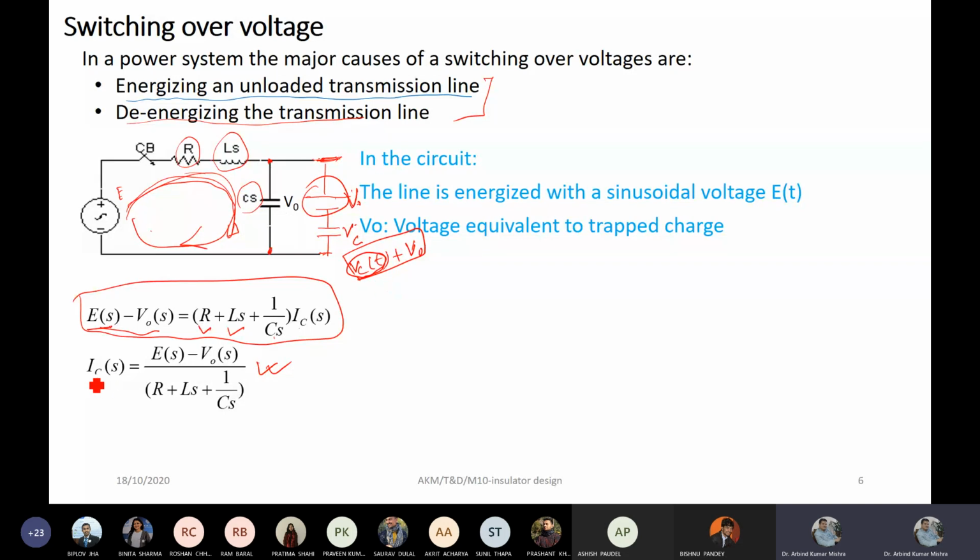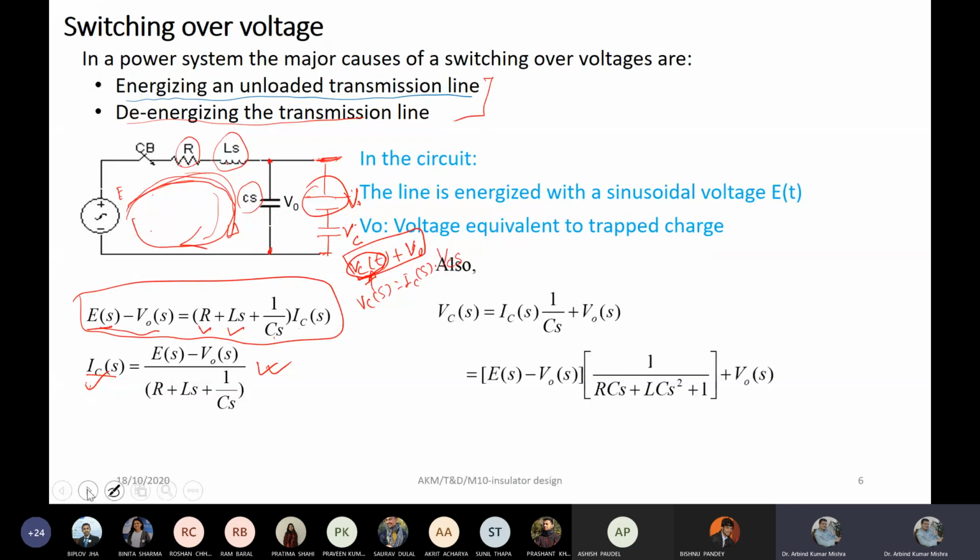How? Because we have the current. Whatever current flows here is not only the current flowing through the capacitor; the same current is flowing through the inductor as well as the resistor. But why do we call it Ic(s)? Because ultimately we have to find Vc(s), and this Vc(s) is equal to Ic(s) times 1 upon Cs. That's why we call it that.